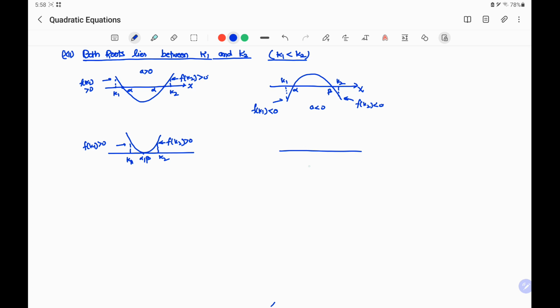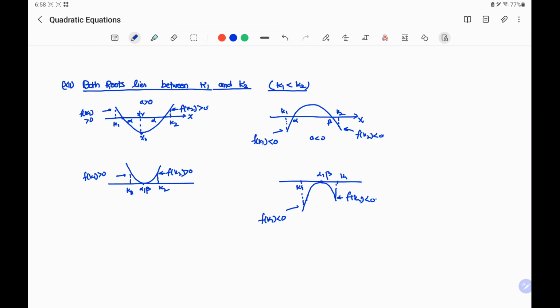If the graph touches the x-axis, it is alpha beta, k1 is on the left hand side, k2 is on the right hand side, and the value of the function at k1, this is f(k1), will be negative, and at k2 it is also negative. So the condition for both roots to lie between k1 and k2 is, number 1, D is greater than or equal to 0. That means the graph cuts the x-axis at two distinct points or touches the x-axis.